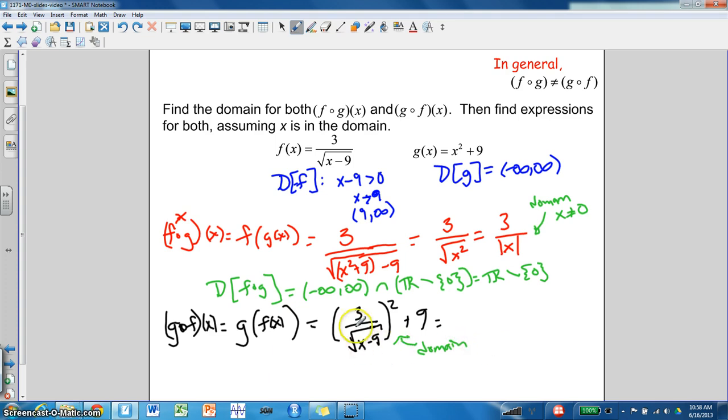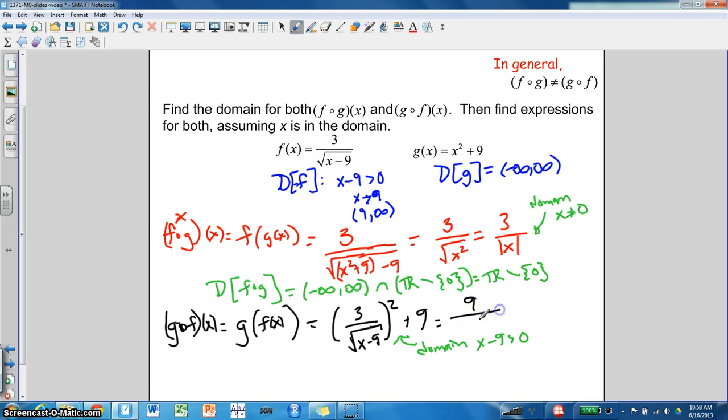To make this whole thing defined, I need to have x minus 9 be greater than 0, so I get a positive number that is not 0 underneath the square root. And so with that note in mind, I can continue to simplify here.